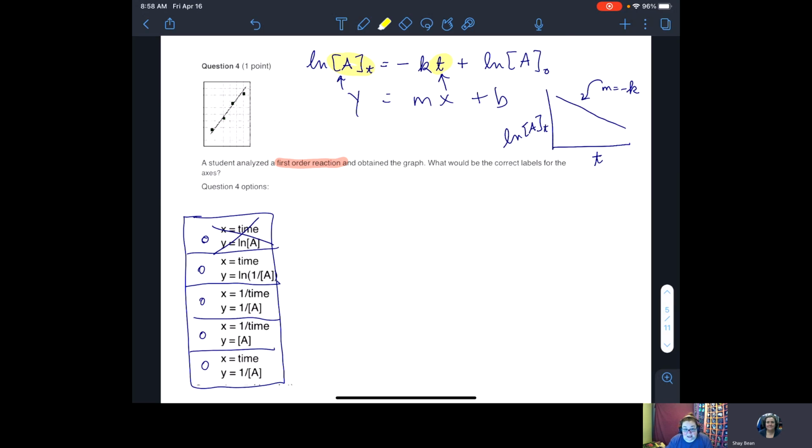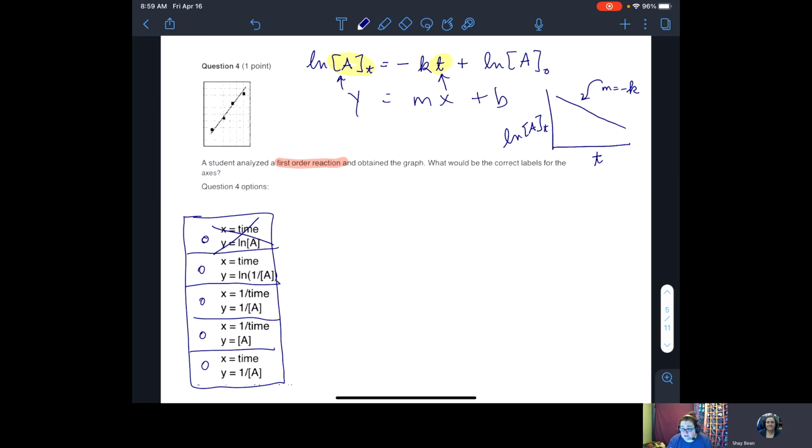So those do go on the axes, and if you look at the possible answers in this multiple choice scenario, all of those are involved as far as the x and the y. The x is the time, or in this case, 1 over time would go on the x-axis. Something involving the concentration would go on the y-axis. And so basically, mathematically, I have to figure out how to get a positively sloping line out of this.